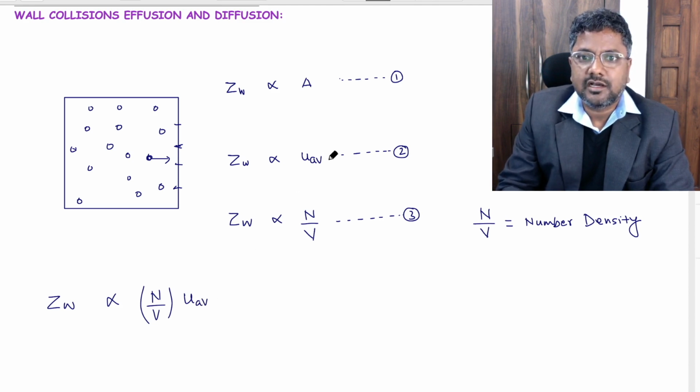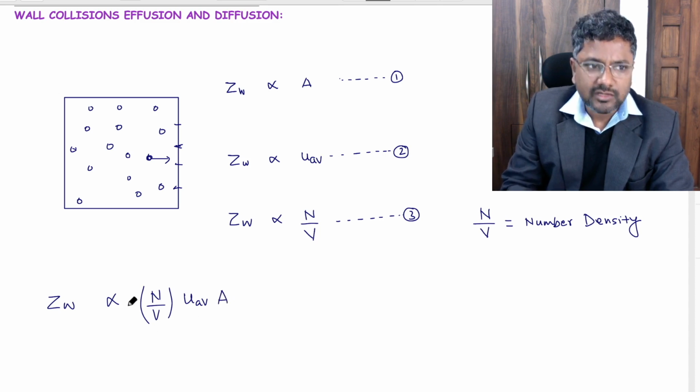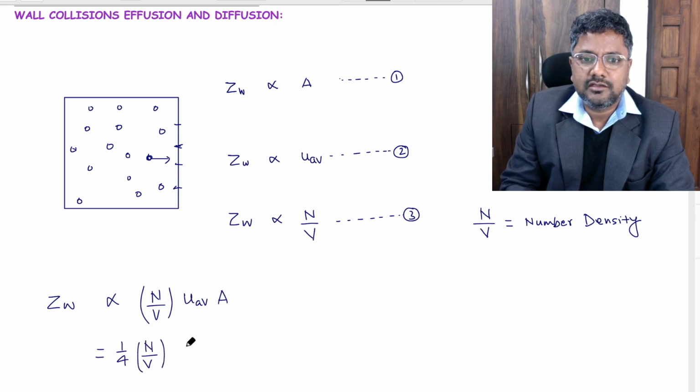And A. So one proportionality constant will come here, that is 1 by 4. 1 by 4 is a constant, N by V, U average.